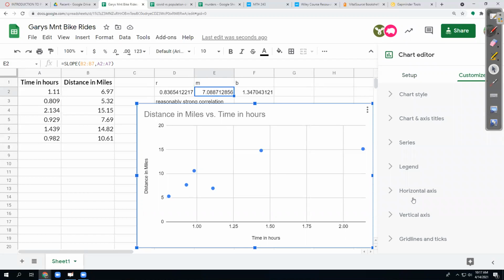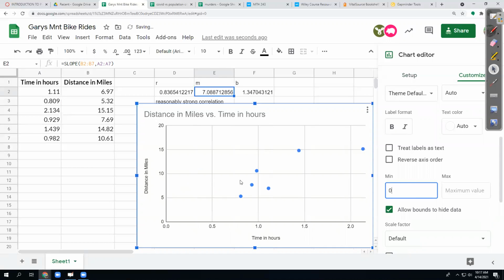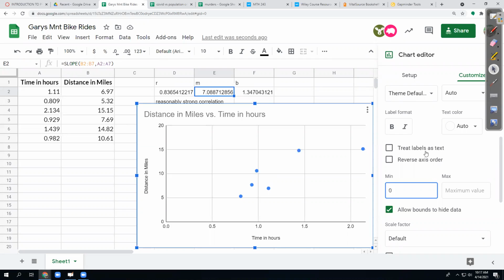So a couple things. I'm going to change the horizontal axis to get all the way over to 0. It's going to shift things over a little bit. Okay, so here's my points over here. And when I'm biking, I would expect that if I didn't spend any time biking, I haven't gone anywhere, so my line should go through the origin right here. However, my points don't perfectly line up, so that's probably not going to happen.